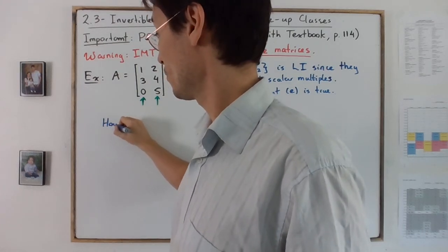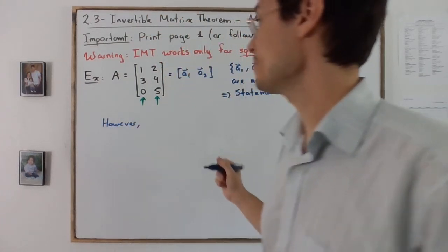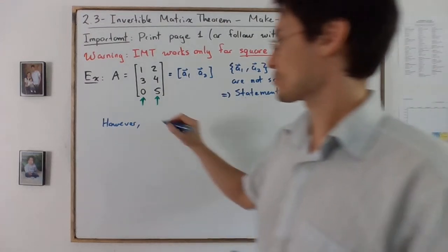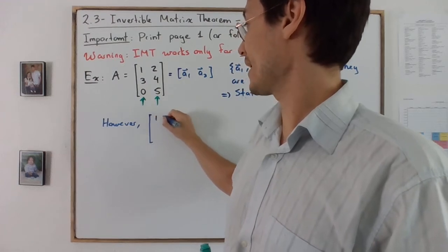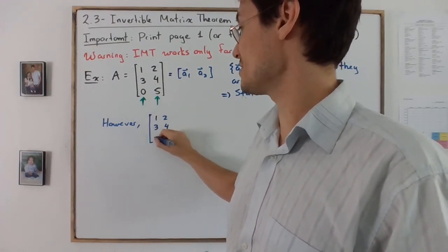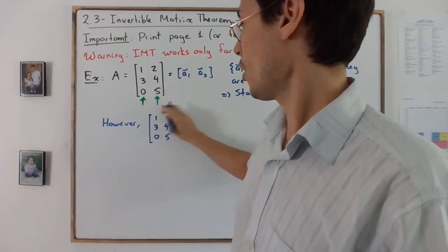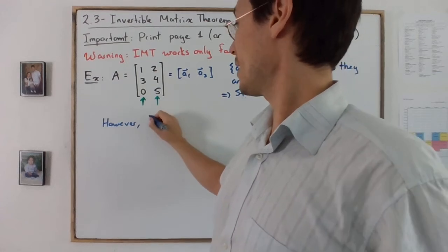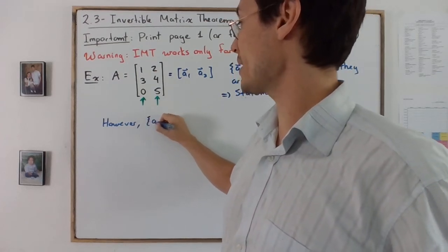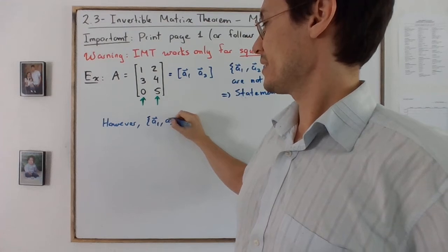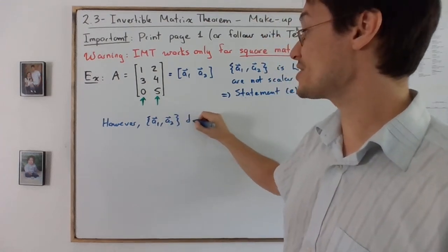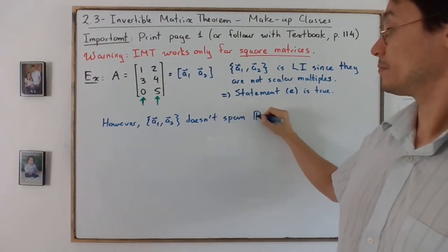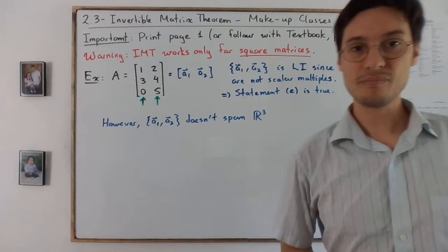However, if you row reduce this, so you have 1, 2, 3, 4, 0, 5, or actually you don't even need to row reduce it. However, the set of these two columns A1, A2 doesn't span R3.